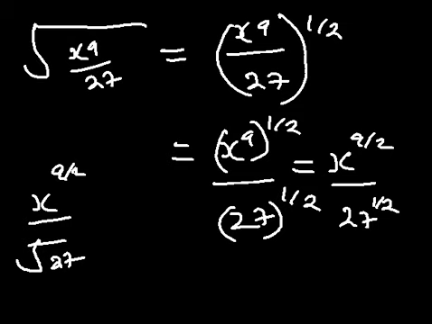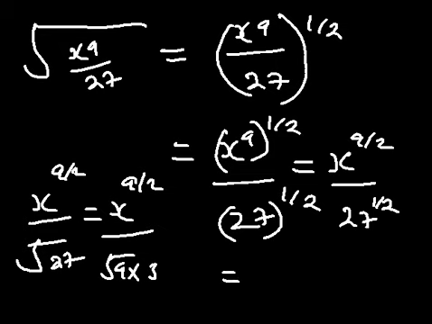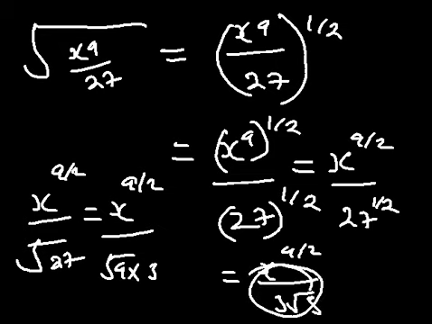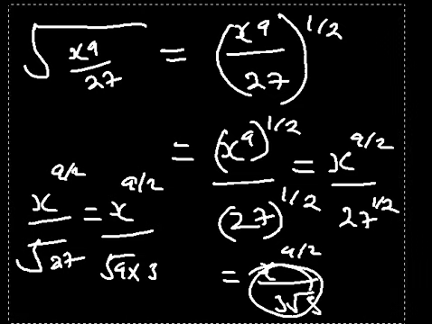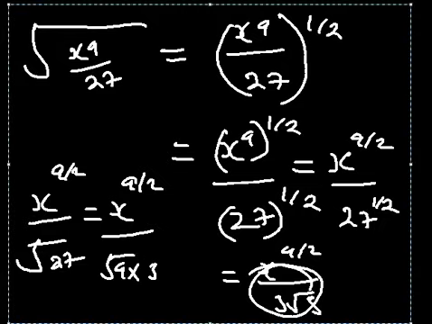There is no square root of 27 you can think about, but we can express 27 in a surd form, in the sense that we can have x to the power 9 over 2 divided by, now 9 times 3. This is the same as x to the power 9 over 2 divided by 3 root 3. So that's how you can have it, but we do not have the square root of 27 in that way.